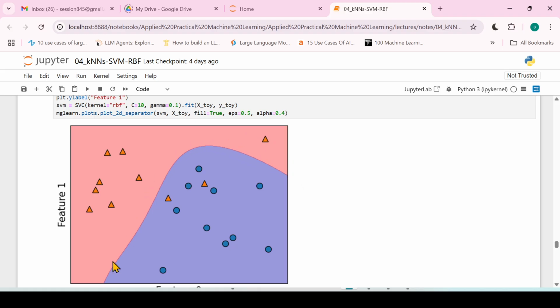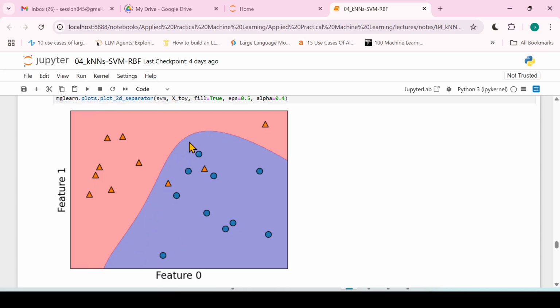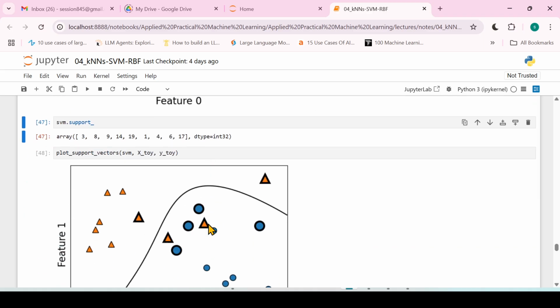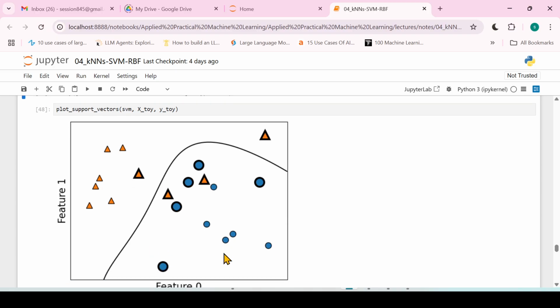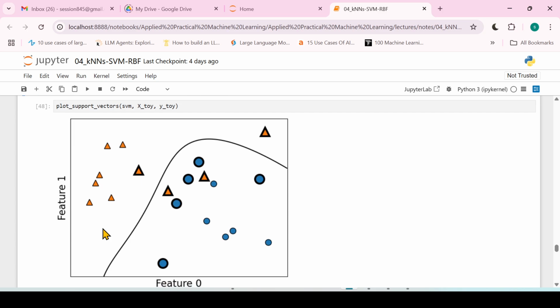Like this is the decision boundary we have. This is the nearest point. This is the nearest point. All these are the nearest points, right? So only the nearest points will be the support vectors. And here we can see in this graph that these larger examples, these two are the support vectors, and all these are the support vectors we have. So basically only the support vectors decide how the decision boundary will be, right? Based on the support vectors only, we'll see whether an example belongs to a specific part of the data.